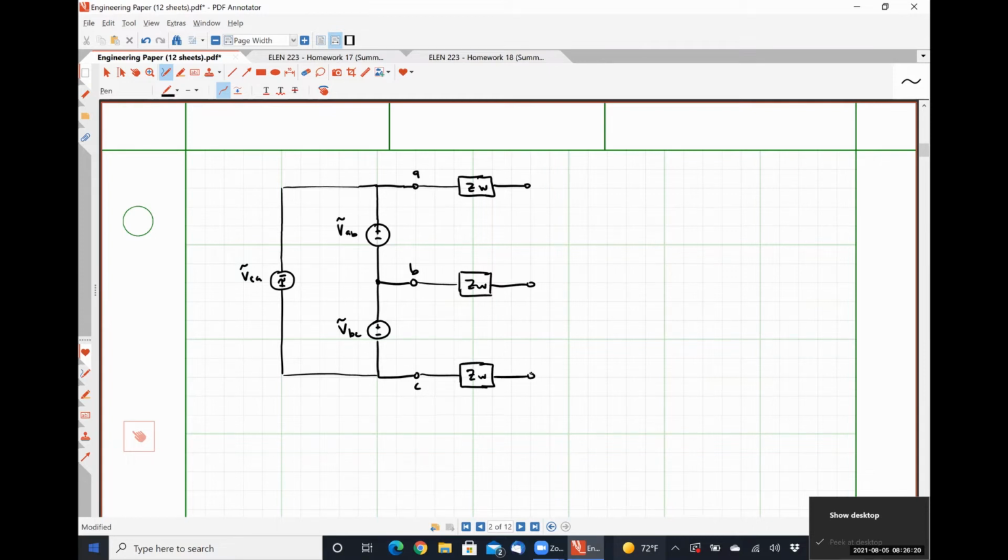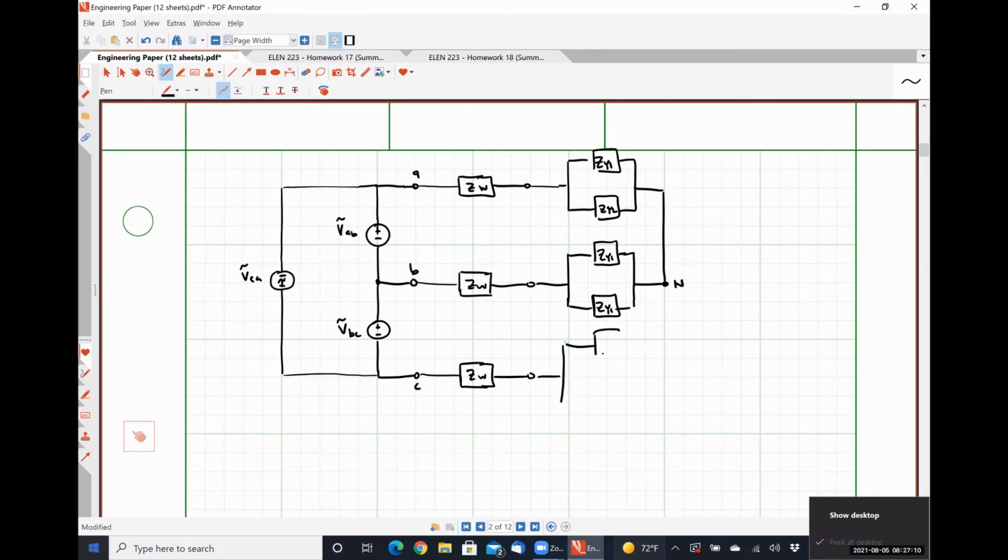Then we have two Y-connected loads in parallel. I'm going to call this ZY1 and in parallel ZY2, and here's our third one.